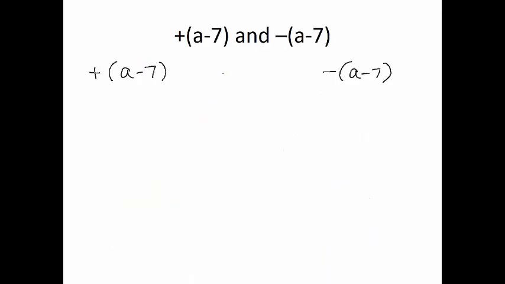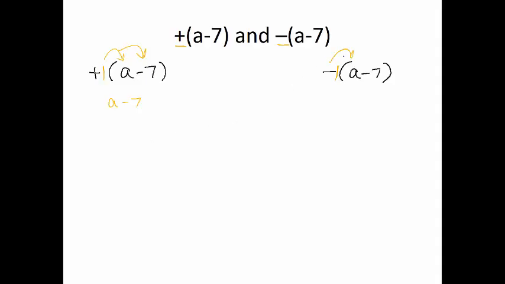All right, let's take a look at what this means. If you have a plus sign outside the parentheses or a negative sign outside the parentheses, you could think of this like distributing a positive one or a negative one. If you distribute a positive one there, you're going to get a take away 7. It doesn't change anything.